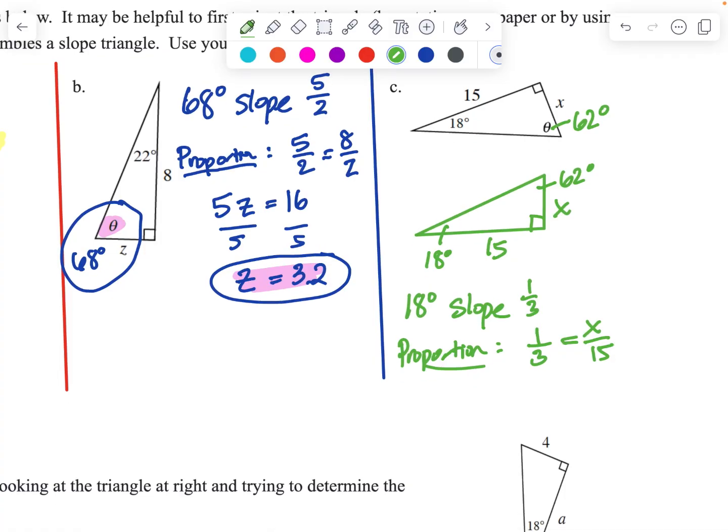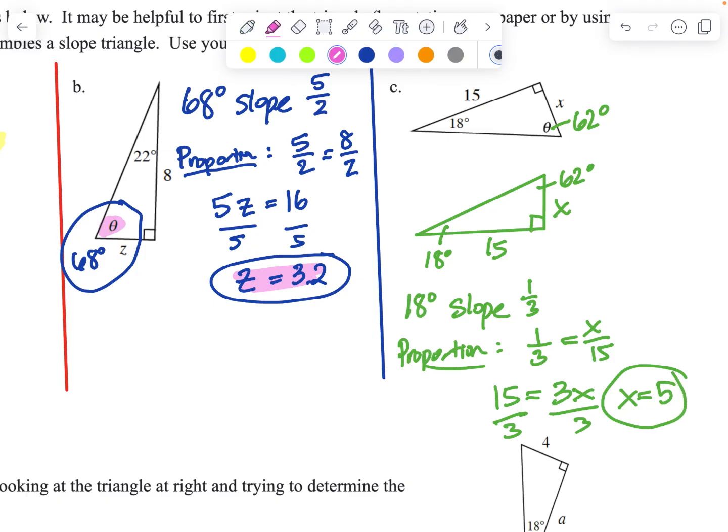So when I cross multiply, I'm going to take 1 times 15 and 3 times x. So 1 times 15 I know is 15. 3 times x is just 3x. I'm going to solve that, and I get my final answer. 15 divided by 3 is 5.